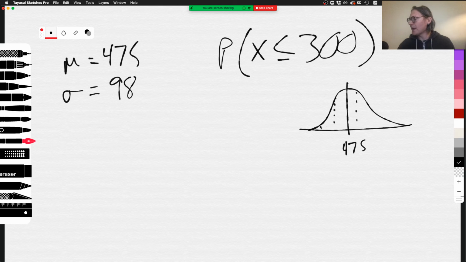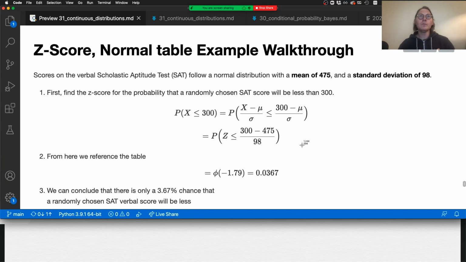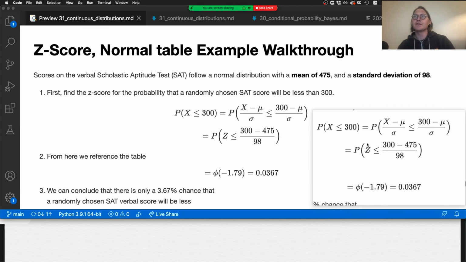And you can see that we're looking for the probability of something down here, right? So we're already reasonably thinking this is fairly improbable, right? If we just draw this out. So in this process, I'll just set this over here for a sec.